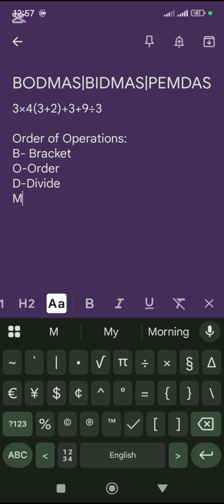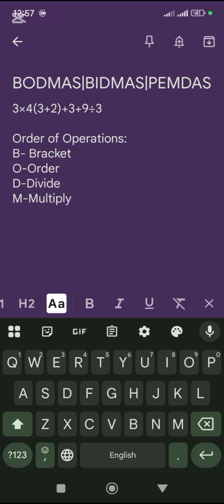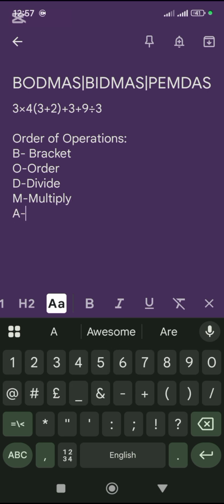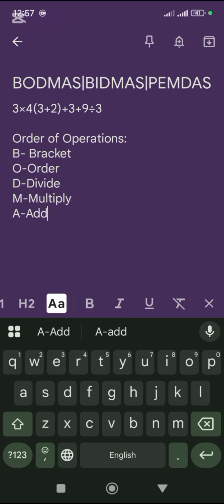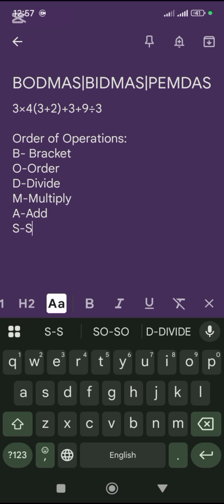M stands for multiply. A stands for add. And S stands for subtract. If you look at the first letters of these, it all means BODMAS.